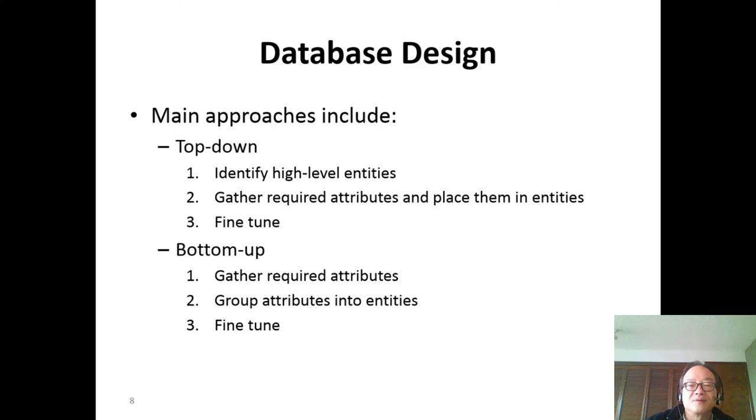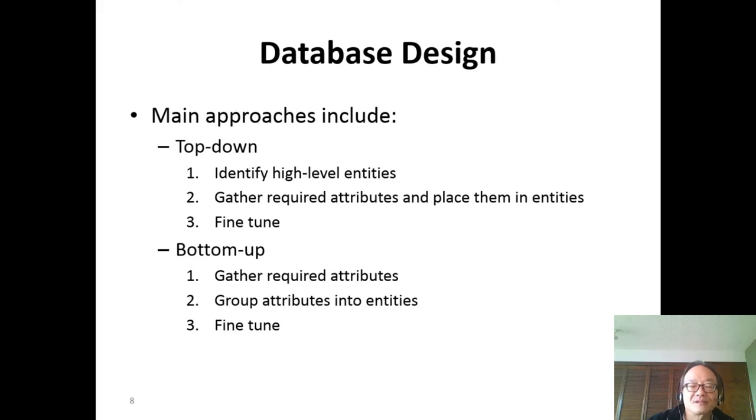Then we will work out details about entities such as attributes belonging in an entity. Once we have entities and attributes for an entity, we will go through the fine-tuning process. We do normalization during the fine-tuning process.